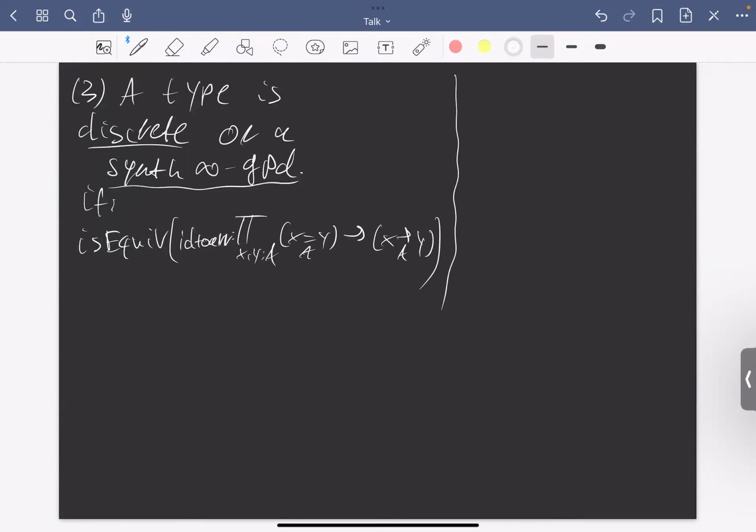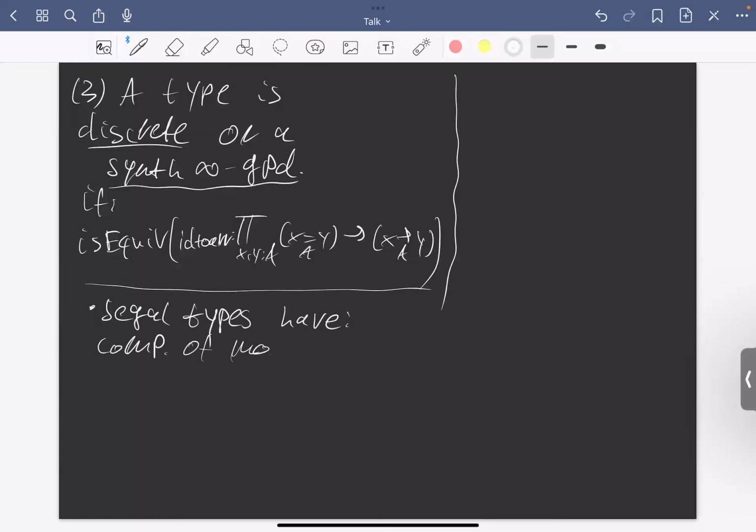Okay, so some important consequences are, well, Segal types really have a sort of categorical structure, or flat categorical structure, if you want to be more precise. So they certainly have composition of morphisms.